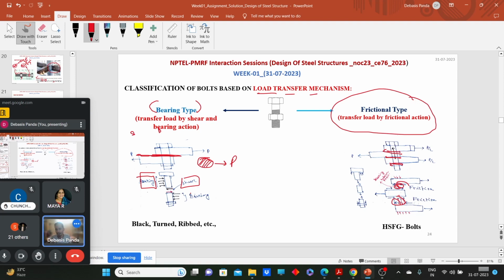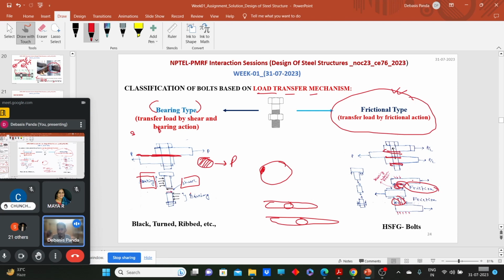Now the thing is, I already told you that we have oversized holes, slot type holes and long slot type holes. So for the frictional type of bolts, our intention is not to get in touch with the surface. Until it gets in touch with the surface, the bearing or shearing effect will not occur. Only the friction will occur.